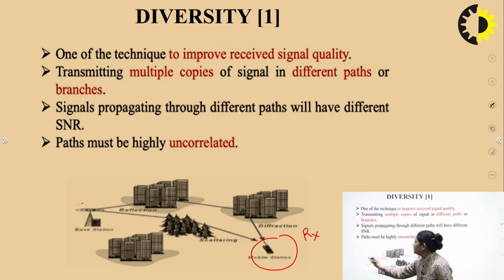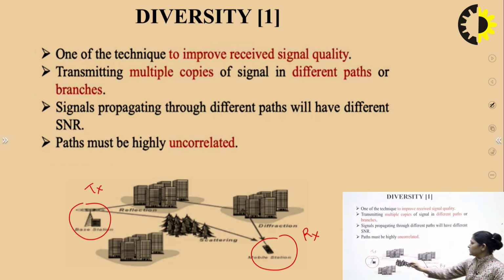In between transmitter and receiver there is a wireless link, and there are a number of obstructions. Due to these obstructions there will be reflection of the signal. There can be diffraction or scattering. So at the receiver you are getting multiple copies of the same signal.